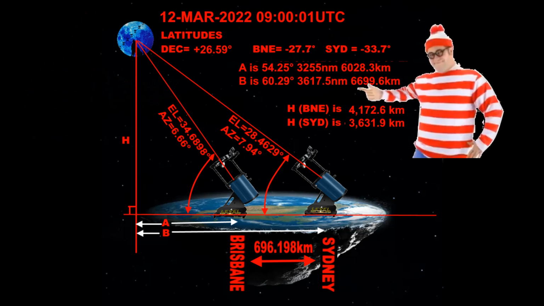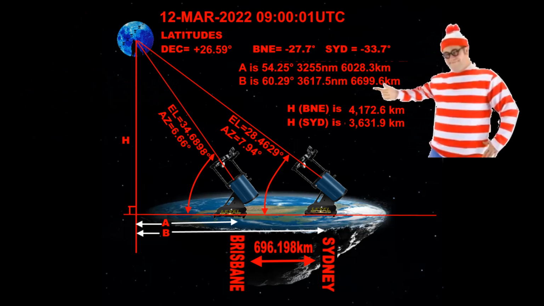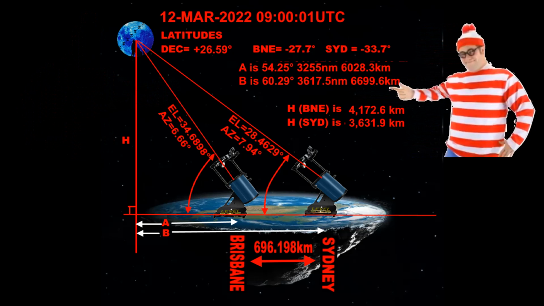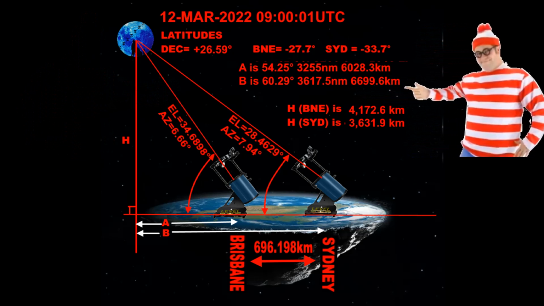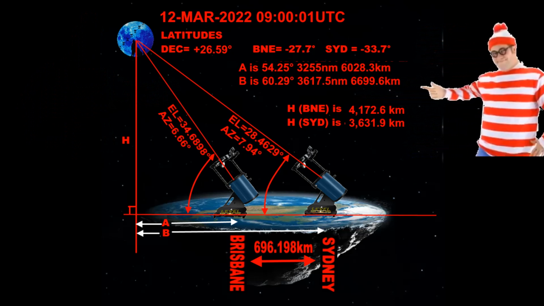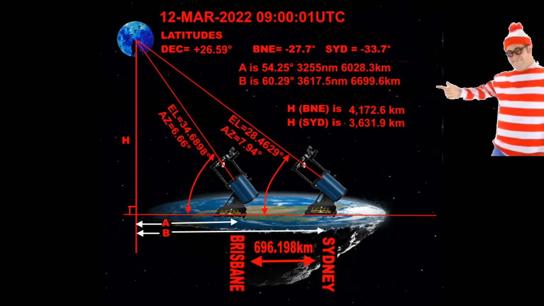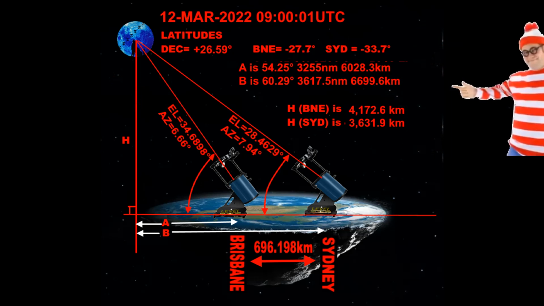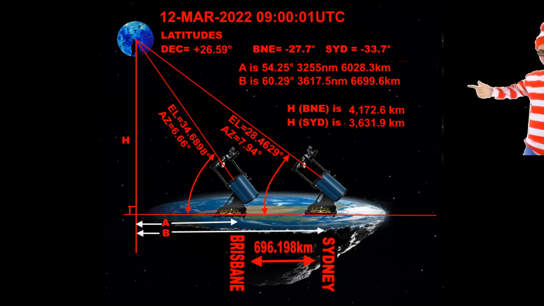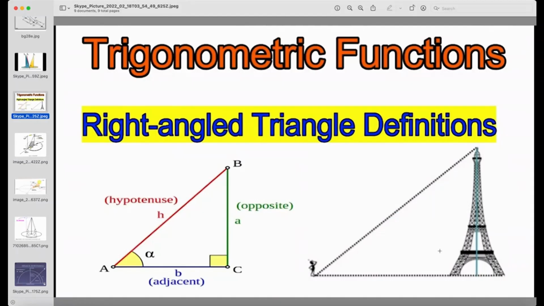Now the distances A and B to the GP of the moon from Sydney and Brisbane, you can calculate this according to celestial navigation principles, and these are given by the delta in degrees multiplied by 60 to give nautical miles. Now we have two angles, and we have the length of the non-curve adjacent side, so we can solve this triangle. Well, don't believe me, let's go and ask a flat earth sextant expert.